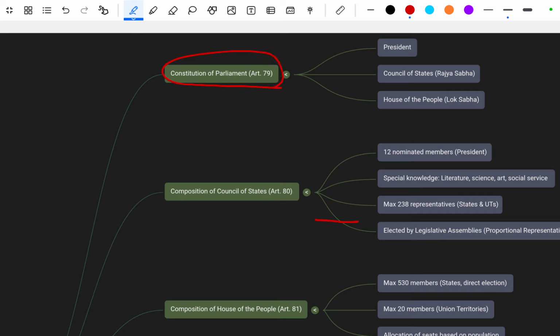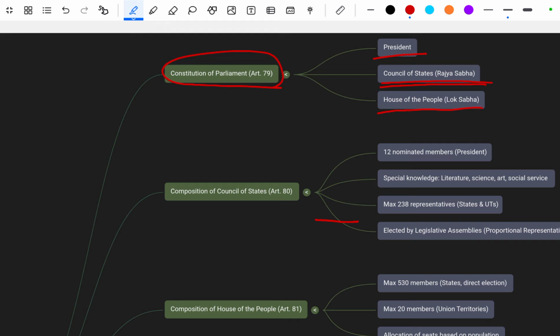It means by whom the Parliament is made up. Basically, Parliament consists of the President, the Council of State, that is Rajya Sabha, and the House of the People, that is Lok Sabha.